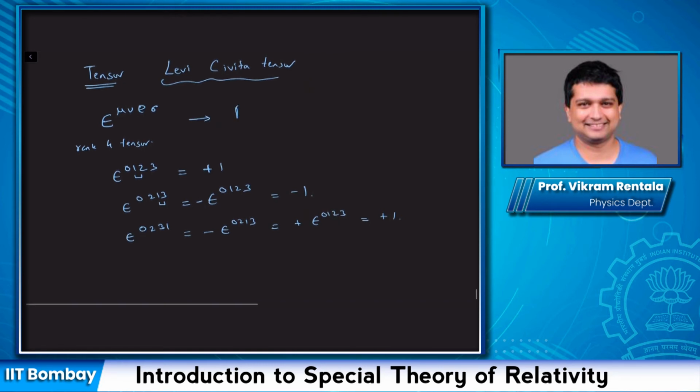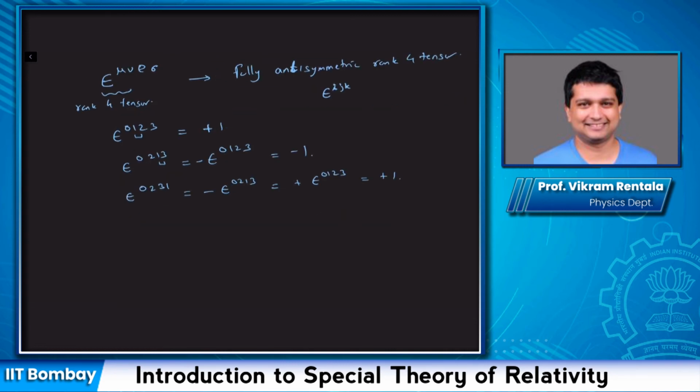So this is called a fully anti-symmetric rank 4 tensor. So this is the generalization of epsilon ijk in 3 dimensions. Now what we have is a rank 4 anti-symmetric tensor.